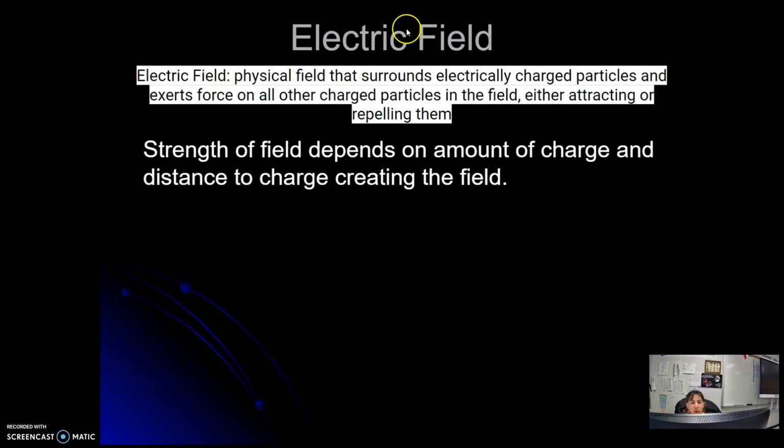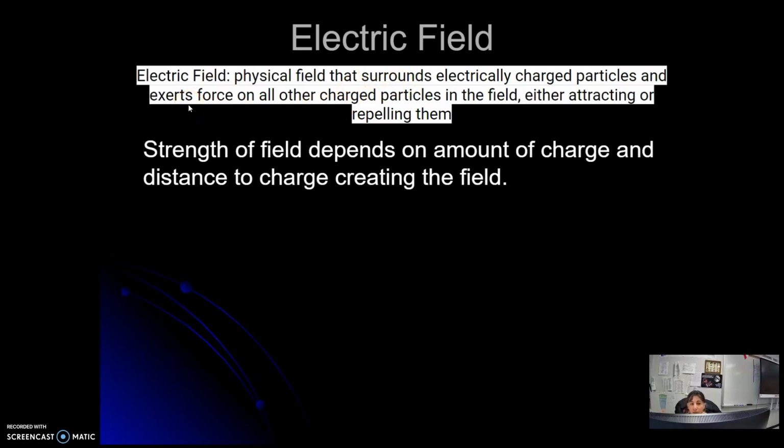Really quickly, I wanted to go over this concept of an electric field. What is an electric field? An electric field is invisible, but it is a physical field that surrounds electrically charged particles. So whenever you have a charged particle, whether it be positively or negatively charged, an electron or a proton, any charged particle will create an electric field around it.